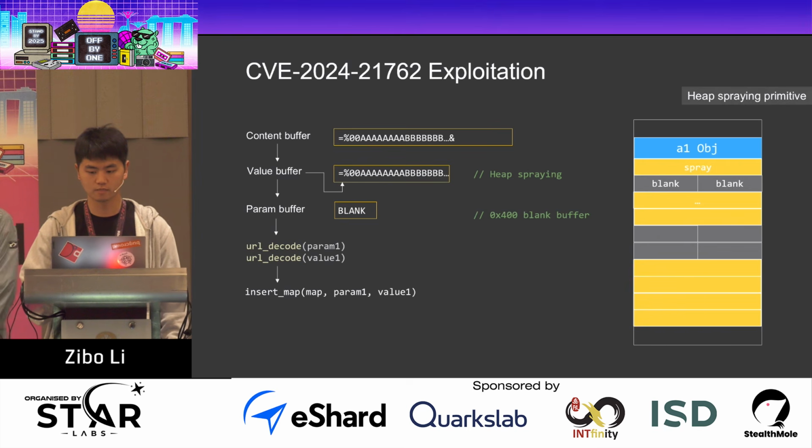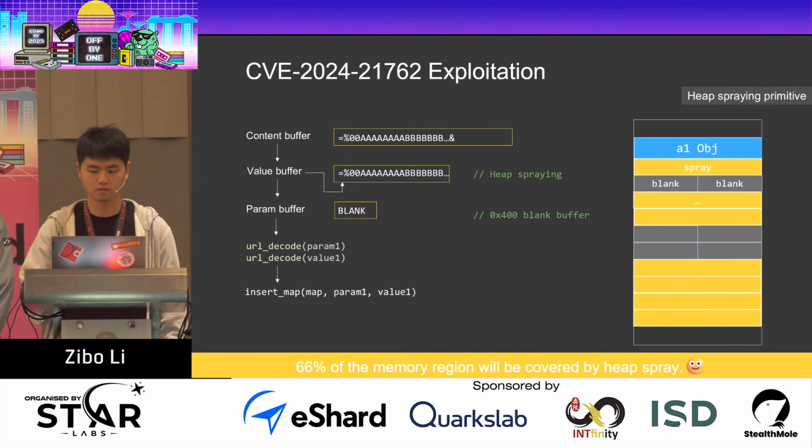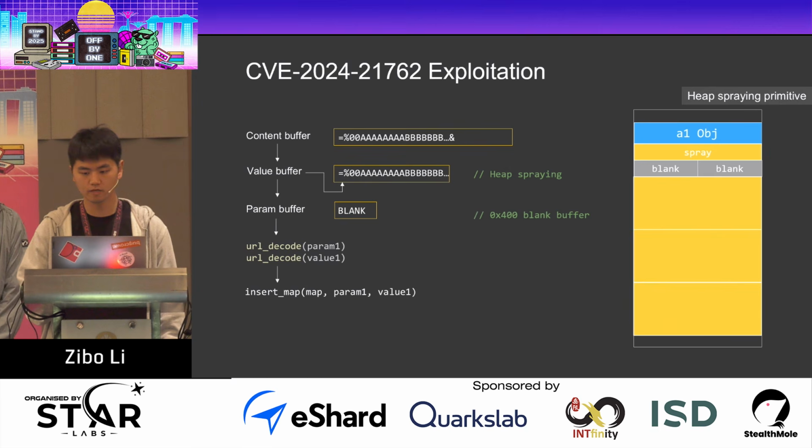With this setup, the spray covers about 66% of the memory space. Furthermore, we can use larger regions for heap feng shui, which will further increase the coverage of the spray.